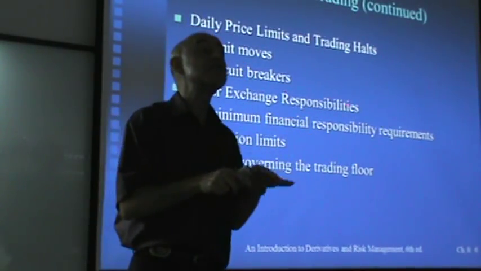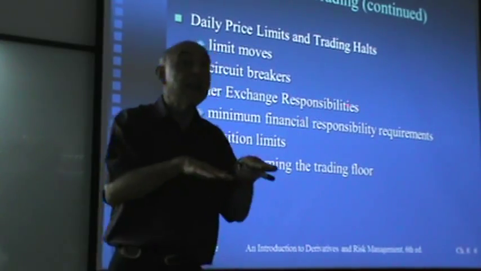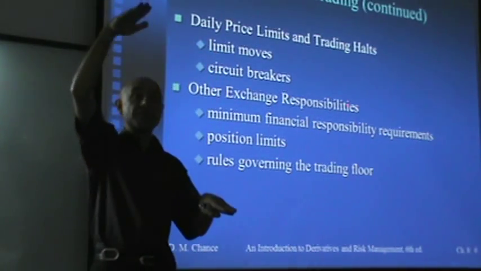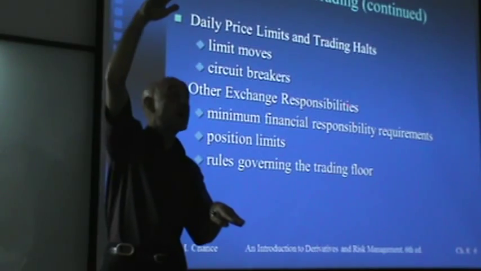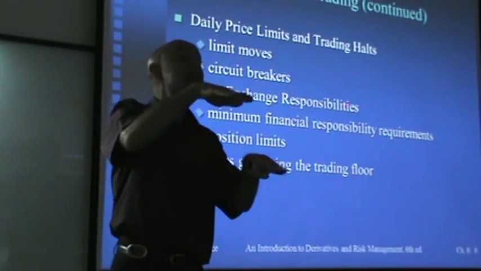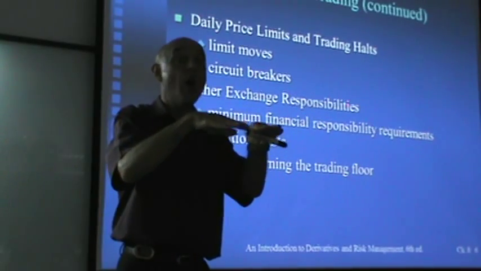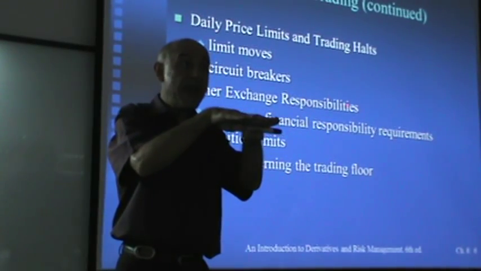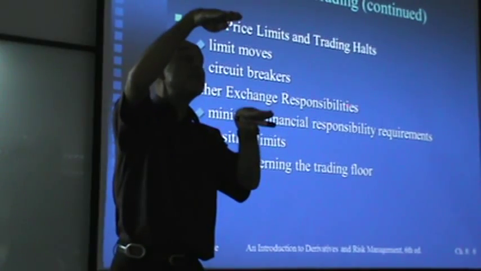So, it just stays there and the market is frozen. What may happen is that in the real world, the price may jump a lot. Something may happen and the price may jump so much that you hit up limit and there are no trades today. On the next day, you hit up limit again.